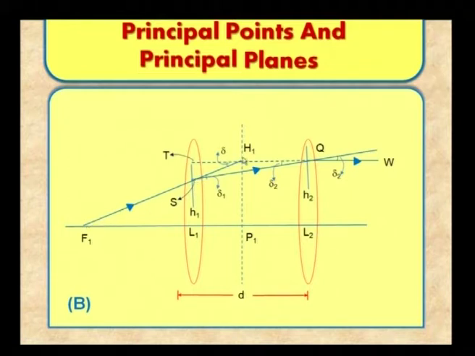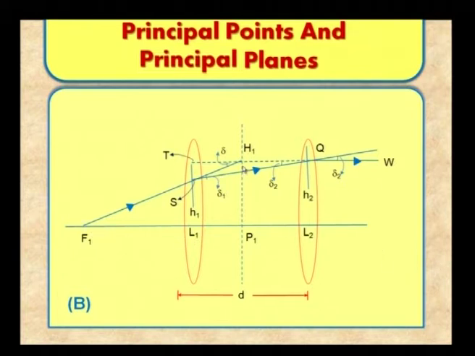The light ray should have gone in this direction, right. As in the earlier case, I assume the light ray to go undeviated like this. If the lens had not been there, the light ray would have gone from F1 to H1. Is that right? F1 to H1. Then I make a line like this, TH1, parallel to the optic axis, passing the center of the lens.